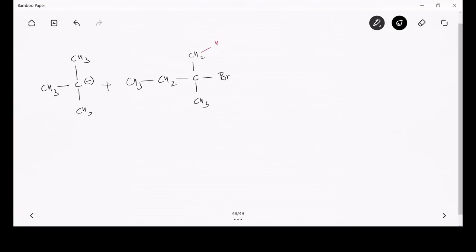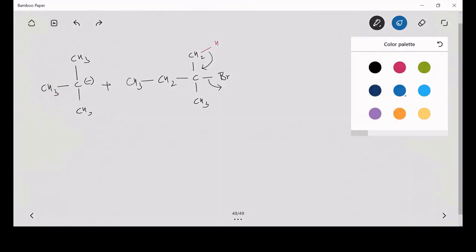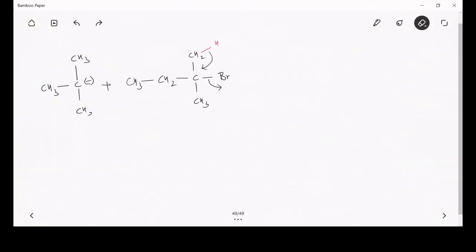So a proton can be taken from here. This will come over here, this will go. One option. The same thing will happen if I take a proton from this methyl. So I'm not considering it right now. Another option is that it may take a proton from here.